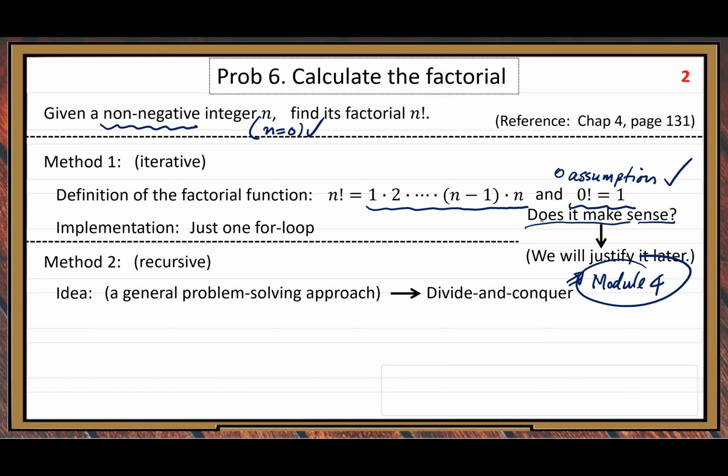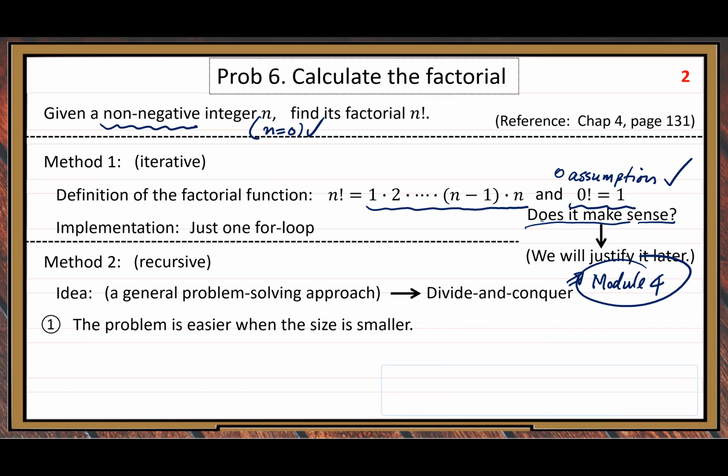But here we already use it. Now, when we do our recursion, we need to take this divide and conquer approach. First, the problem is easier when the size is smaller.